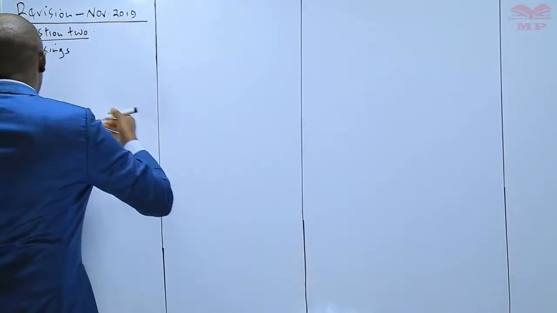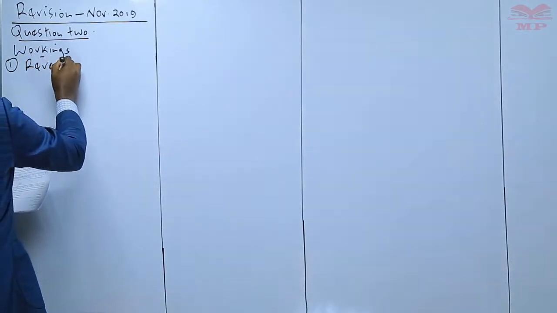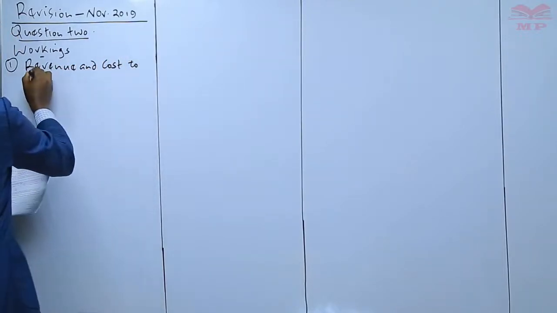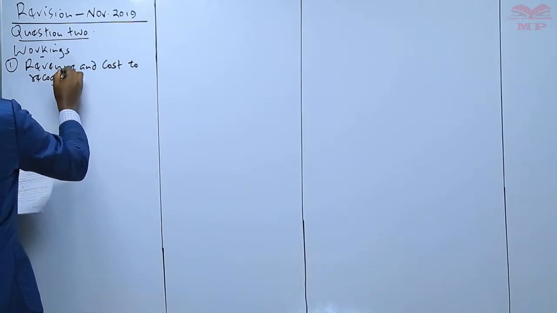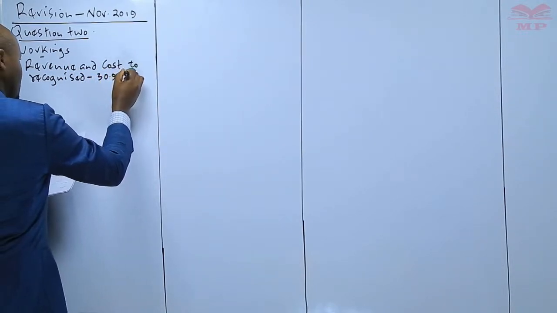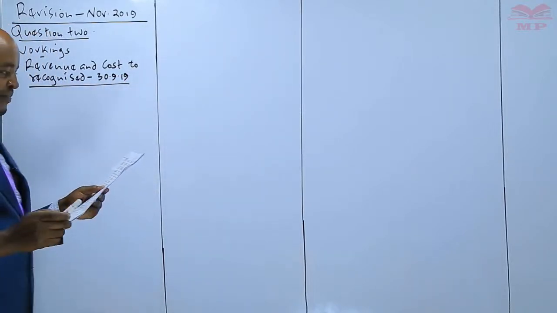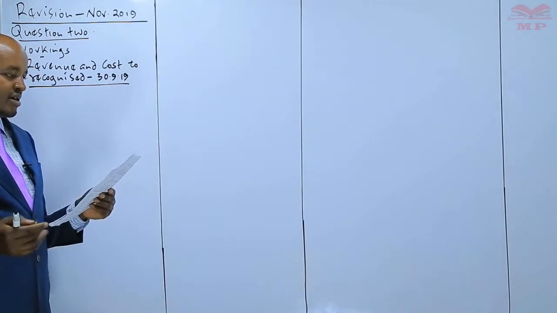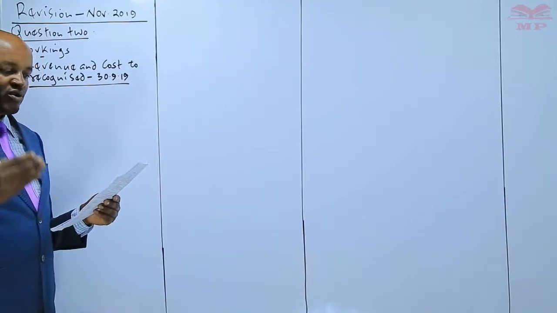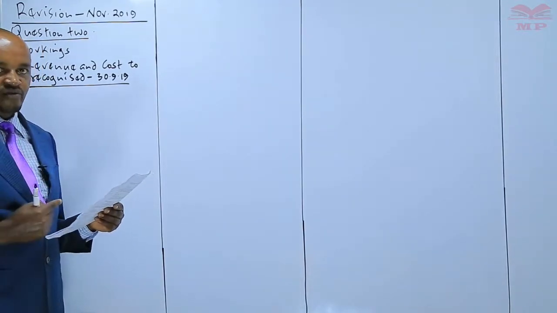So we determine the revenue and cost to be recognized in the year ended 30th September 2019. What we are told is that this particular contract, in the year 2018, was 50% complete, and that means that the revenue and also the cost which were recognized in the year 2018 were 50% of the revenue and cost of that contract.